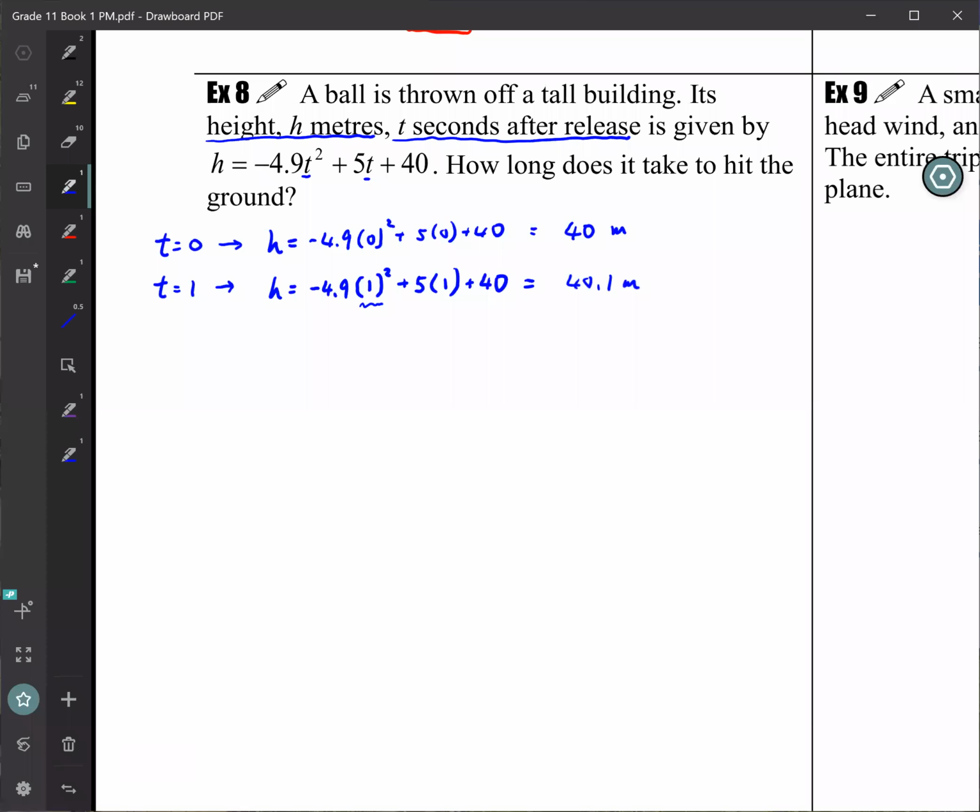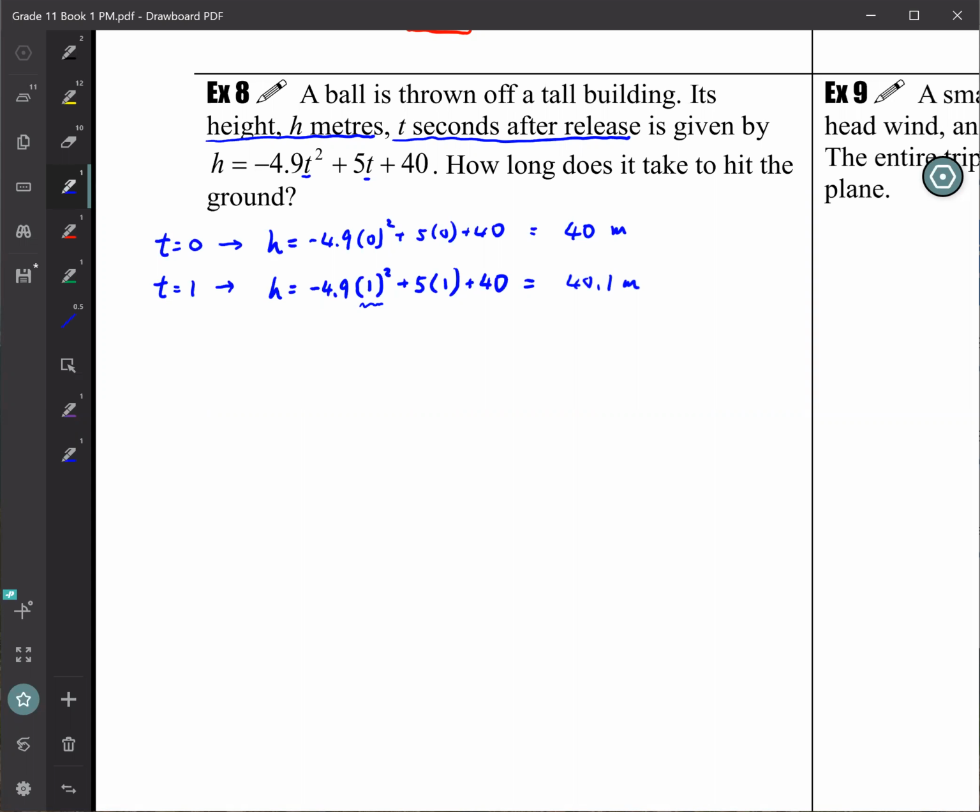Do you think this answer makes sense? This answer means what happened to the ball after 1 second. It used to be 40 meters, now it becomes 40.1. Do you think it makes sense? No. Why not? Is the height supposed to go up or down? Down.